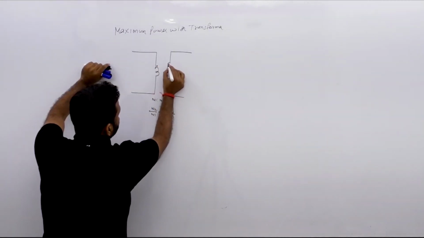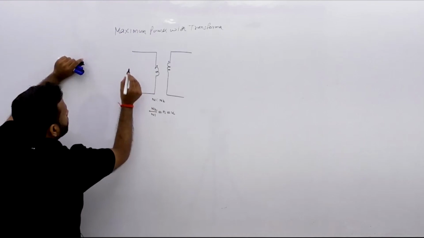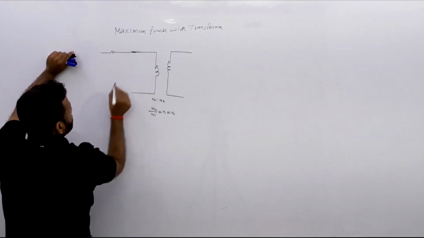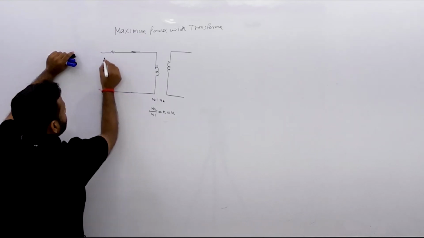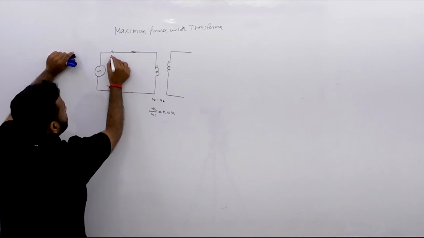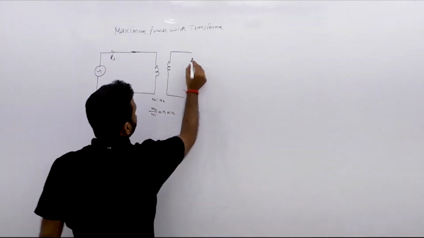So it is positive. Now I'm having here the input resistance of this transformer and we are having a source here, this is RS, and here I'm having a load resistance.